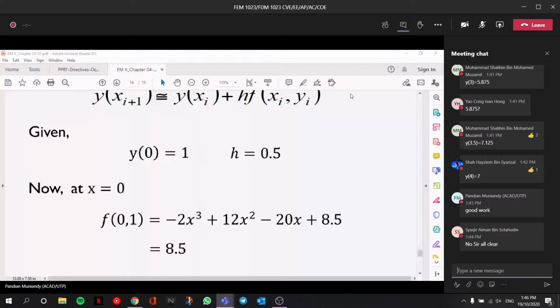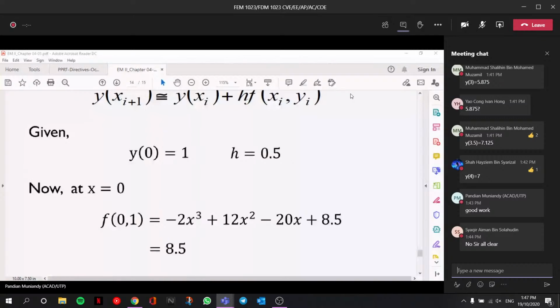Now your h is 0.5. So you can try h 0.25, half of that, because 0.5 is considered very large, big. If you reduce it by half to 0.25, then you may get some reasonably good output. But we cannot guarantee, we can try.